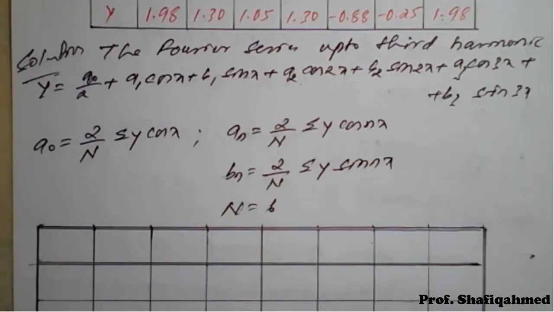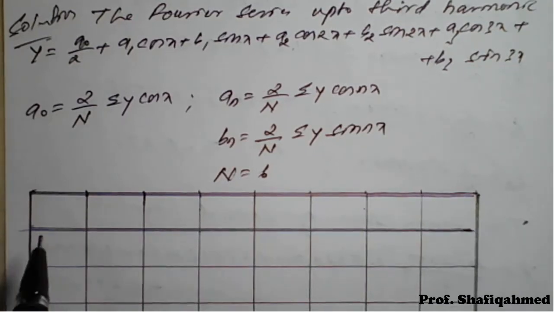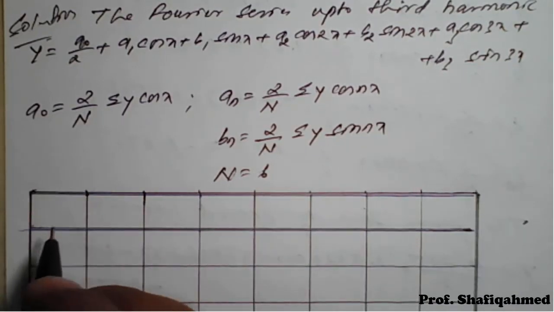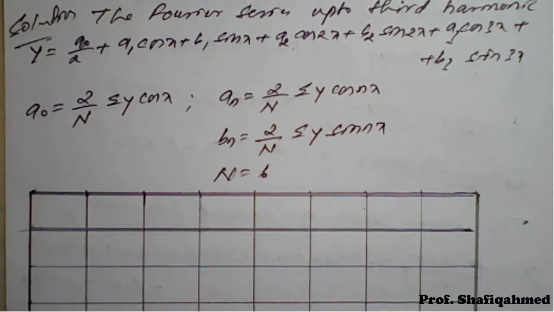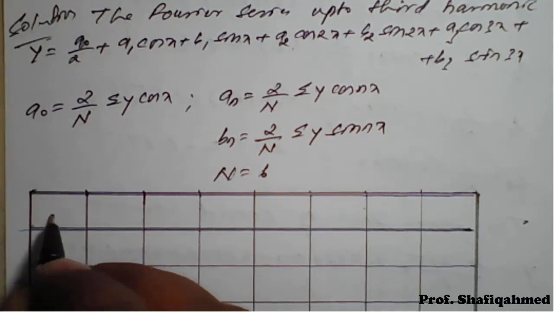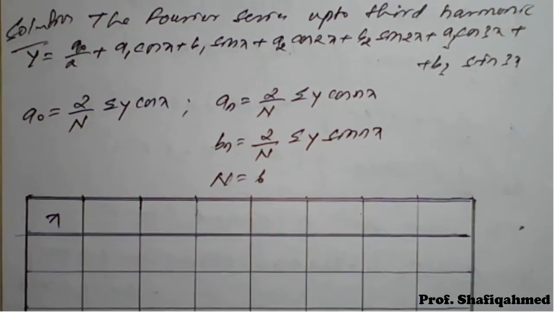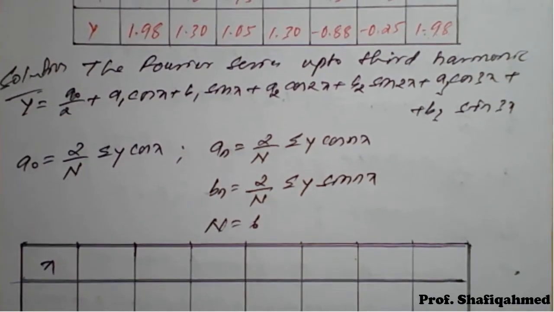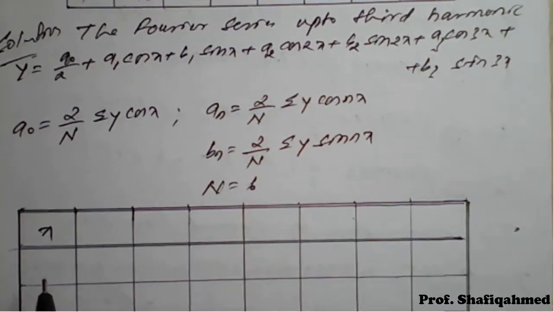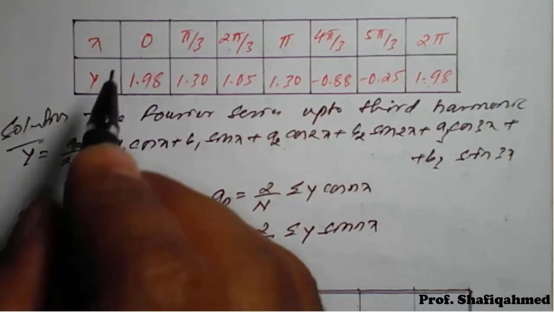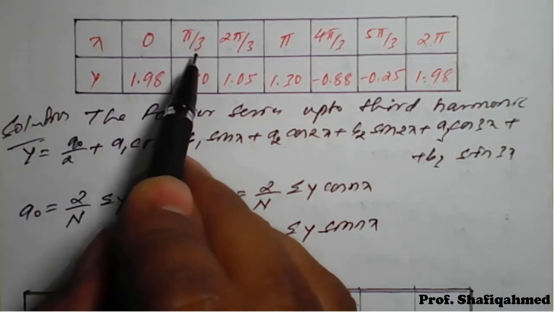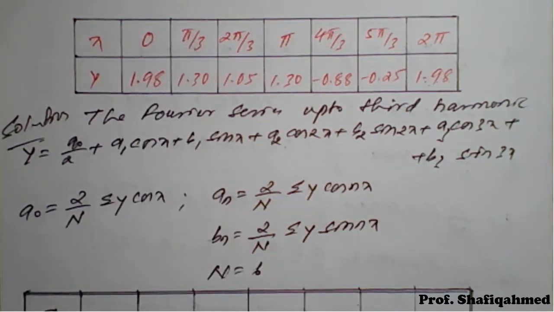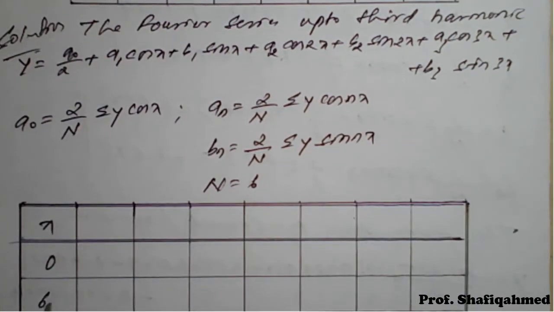Based on this we need to prepare a table. The values of x in the table: the first value is 0, it will become 0. Pi by 3, that is 180 by 3, is nothing but 60.